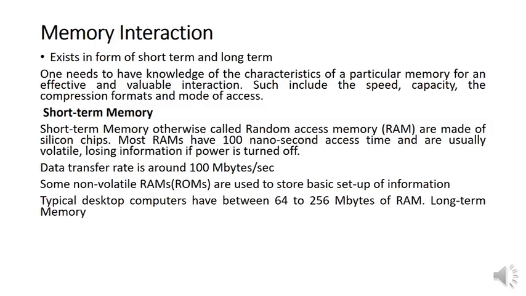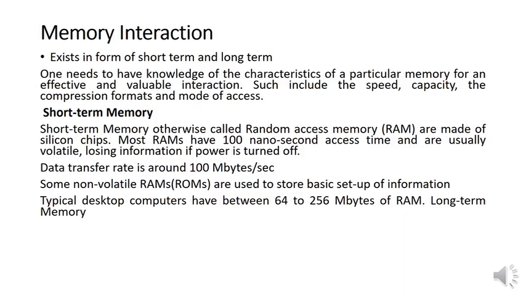Data transfer rate is around 100 megabits per second. Some non-volatile memory, like ROM, is used to store basic setup information. A typical desktop computer has between 64 to 256 megabits of RAM.